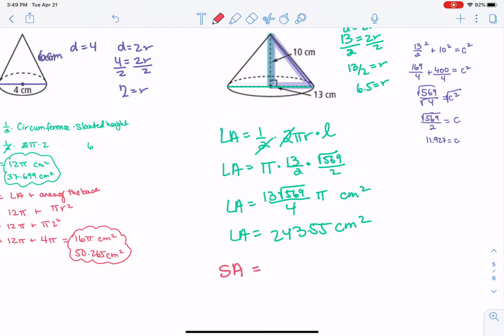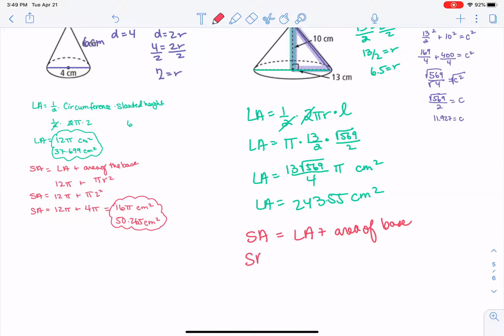If you want the surface area, all you got to do is add on the area of the base. We'll stick with decimals for this one. 243.55 plus the area of the base is pi r squared, or pi times 6.5 squared. 6.5 squared is 42.25 times pi gives me 132.73.